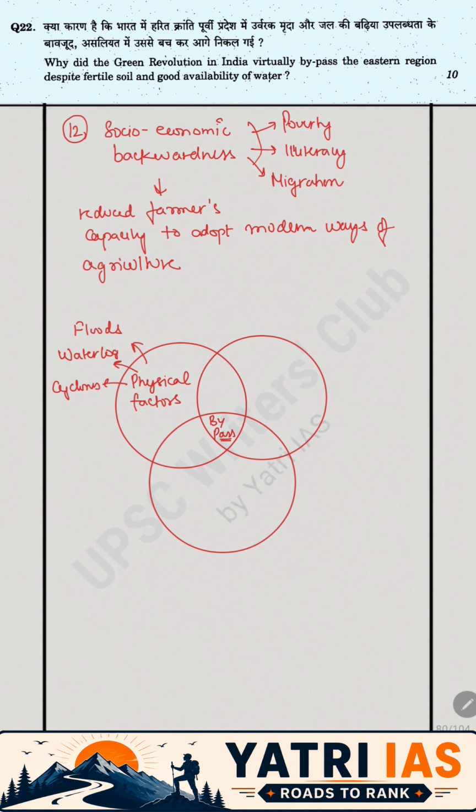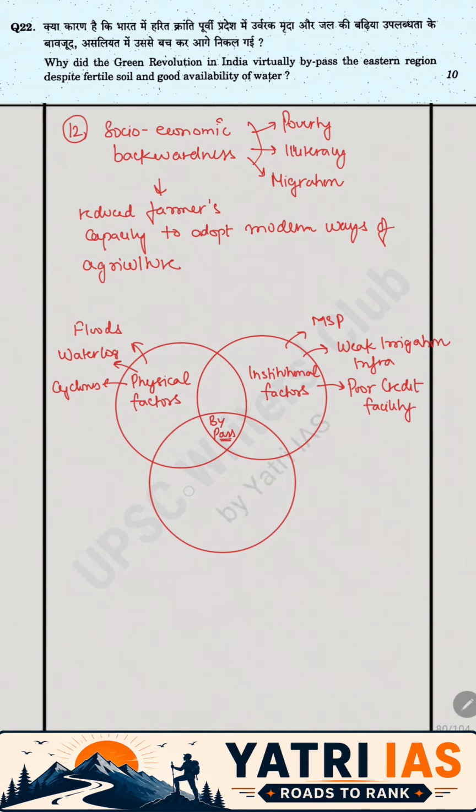These hampered the growth of green revolution in the eastern region. Then you have institutional factors as well, like MSP was not available for them, weak irrigation infrastructure, poor credit facility.